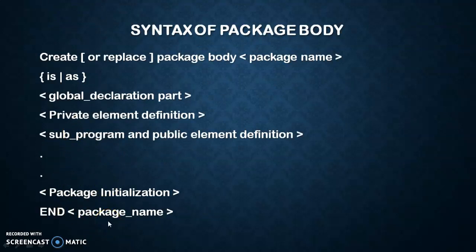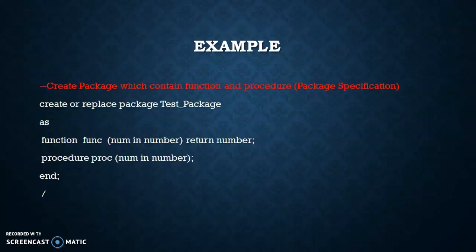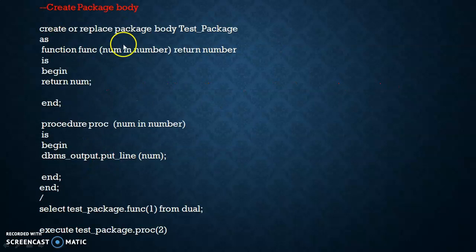So this is about the package body. So here is an example. Here we have created a package in which we have used a function and a procedure, and then we have a package body.